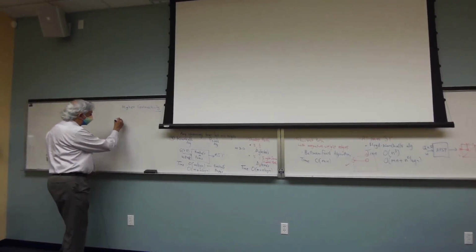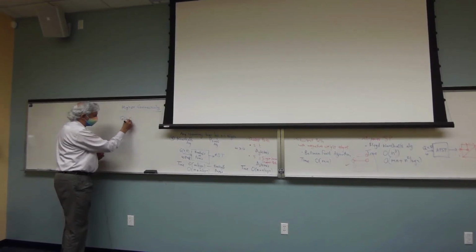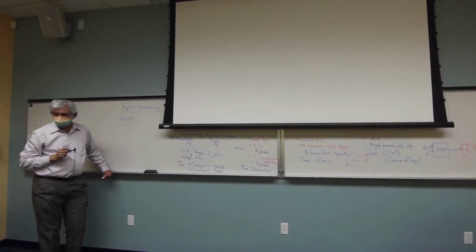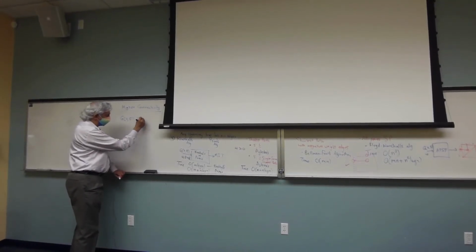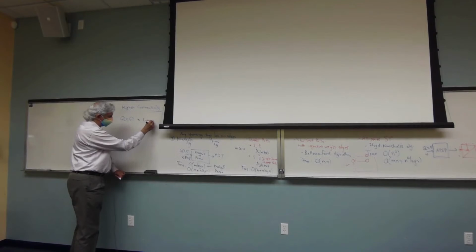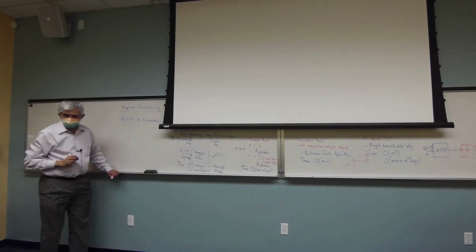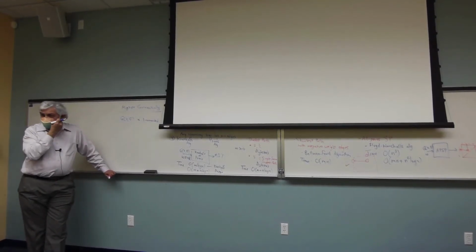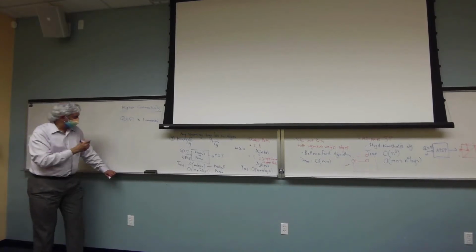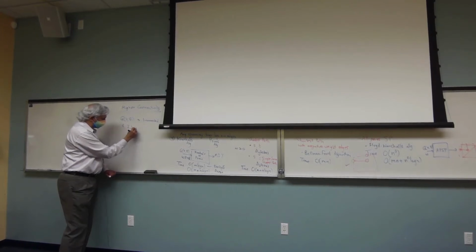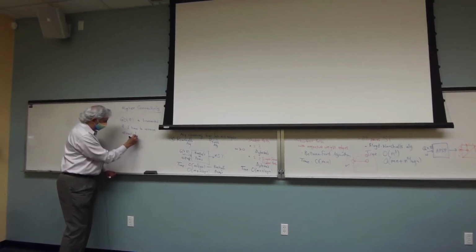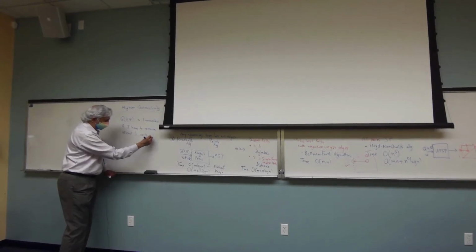A graph, which is given by a vertex set and an edge set, is said to be one connected if I have to remove at least one vertex to disconnect it.